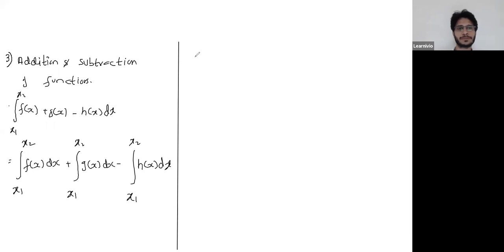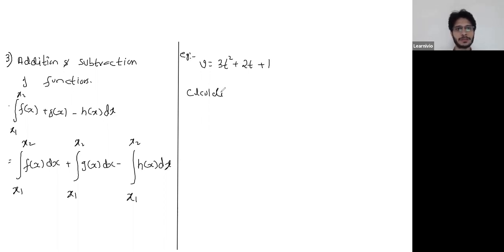For example, so I'm integrating from 0 to 2. Let's start with velocity. So velocity is 3t square plus 2t plus 1.